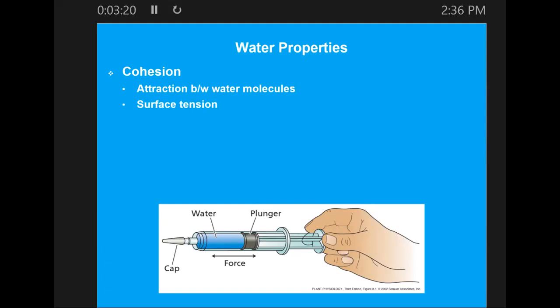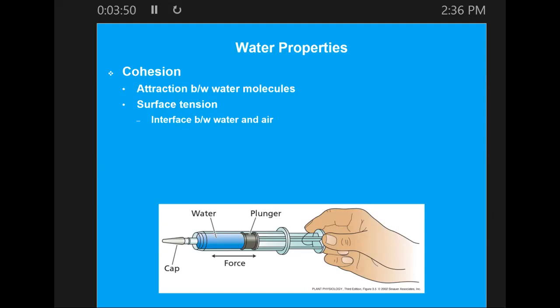Surface tension. Think about a pond, where you have a body of water, the surface water molecules, and then the air above it. What we see happening is that the very surface water molecules on that pond are more attracted to the water molecules beneath them than they are to the atmosphere molecules above them.